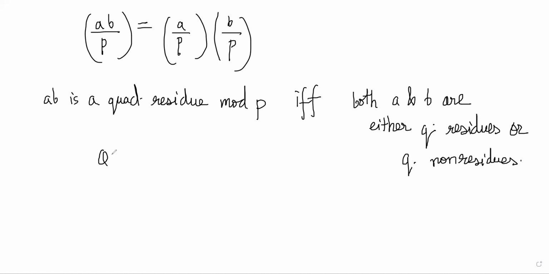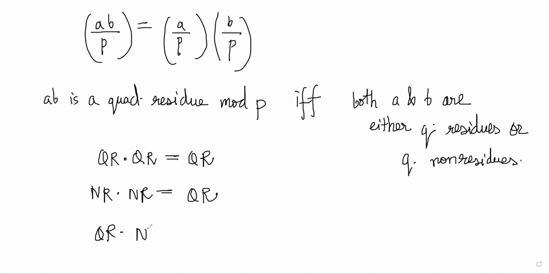So we have quadratic residue times quadratic residue gives quadratic residue. Non-residue times non-residue will also give a quadratic residue. But quadratic residue times non-residue will give a non-residue, because then we'll have 1 and minus 1, so the answer will be minus 1. So remember these basic ideas. It comes from Euler's criterion plus the Legendre symbol, right?